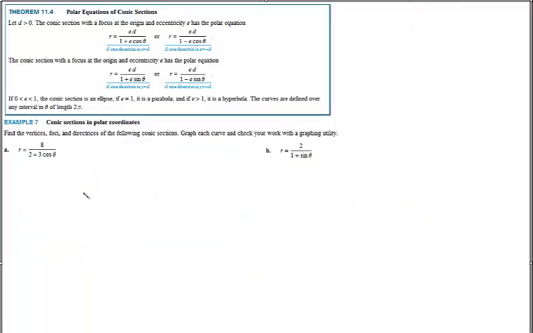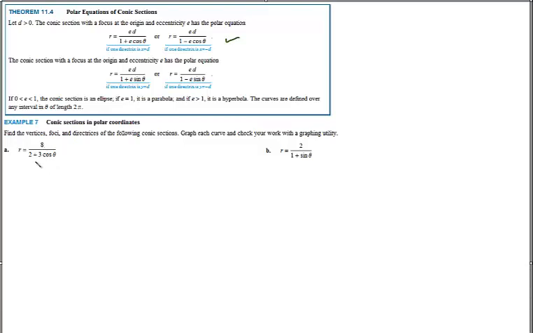Alright, in this last set of examples, what we're going to do is basically do our new material. We need to get our equation in a general format. I notice that I'm going to have one of these two, so I need to have a 1 plus.